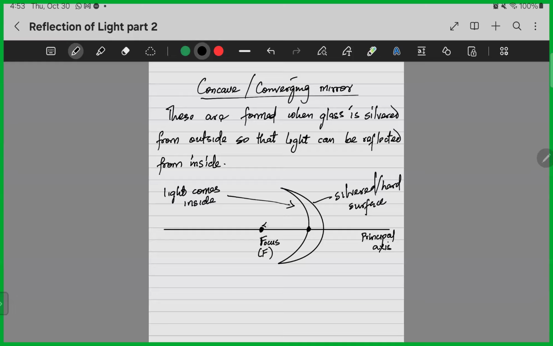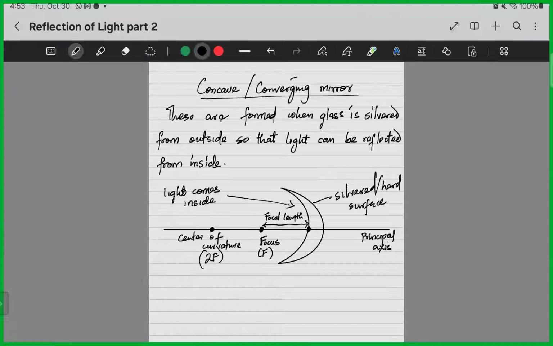Distance between these two points is called focal length. Then, if you extend that focus by 2, here we have 2F, and that particular point is called center of curvature. So keep that in mind: 2F, center of curvature.